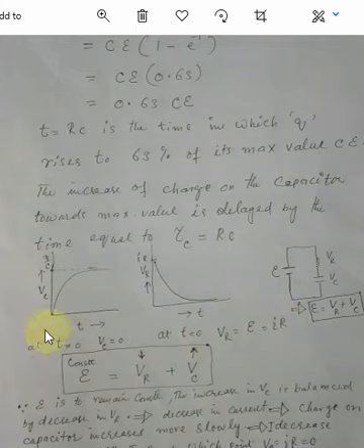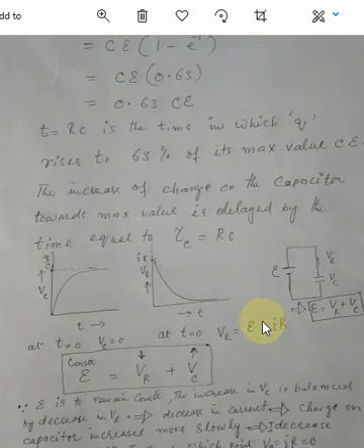So what happens when the time goes on? With the passage of time, you can see that VC is increasing and finally it reaches its maximum value Q over C after some time t, and after the same time t, this voltage across R decreases to 0.